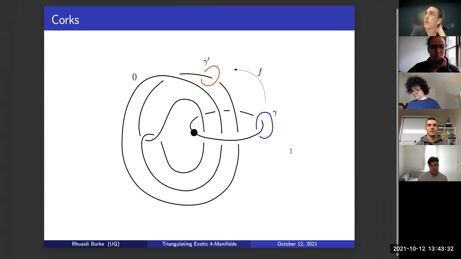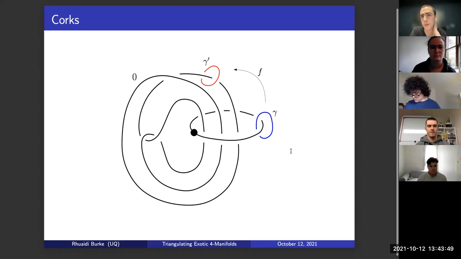Oh yeah, well, one thing you might wonder is, given a 3 manifold, does it bound a pair of exotic 4 manifolds? I can't really say anything too intelligent on that front, but I know there is work on it.